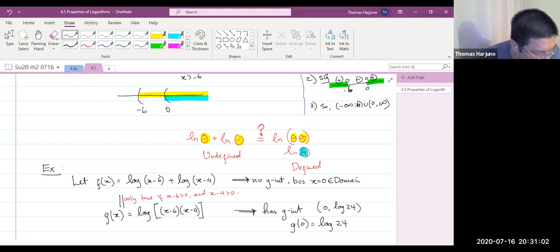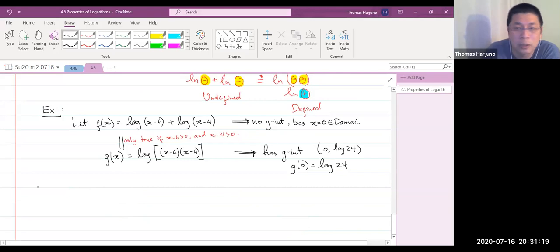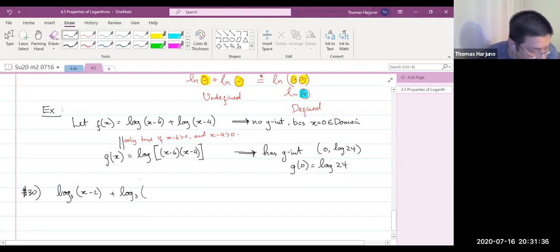For example, number 28. Which one I did? I did number 24. I think number 28 is very similar. Let's do number 30. Log base 3 of x minus 2 plus log base 3 of x minus 4 equals to 2.